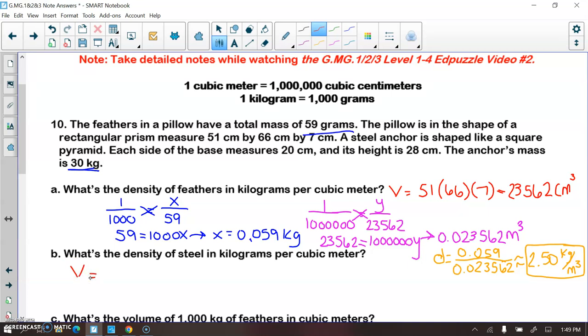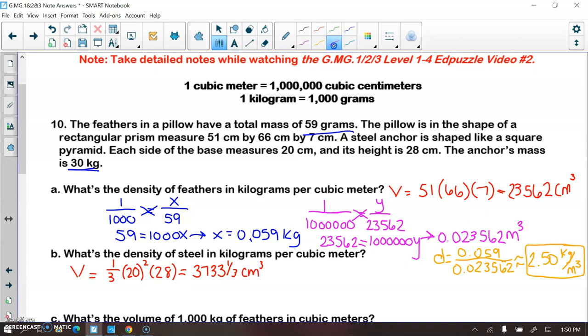The steel is shaped like a square pyramid, so the volume is going to be 1/3 the area of the base, and the base measures 20 by 20, so 20 squared, times the height of your pyramid, which is 28. So 20 squared times 28 times 1/3 gives me that my volume is as follows, and this is in cubic centimeters.